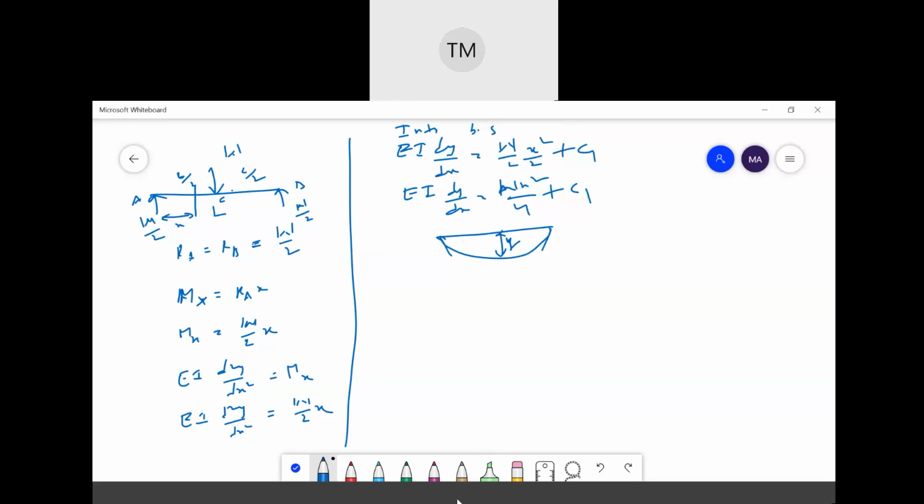Is it clear? I am considering a boundary condition at x is equal to L by 2, dy by dx is equal to 0, and I substitute this boundary condition here.